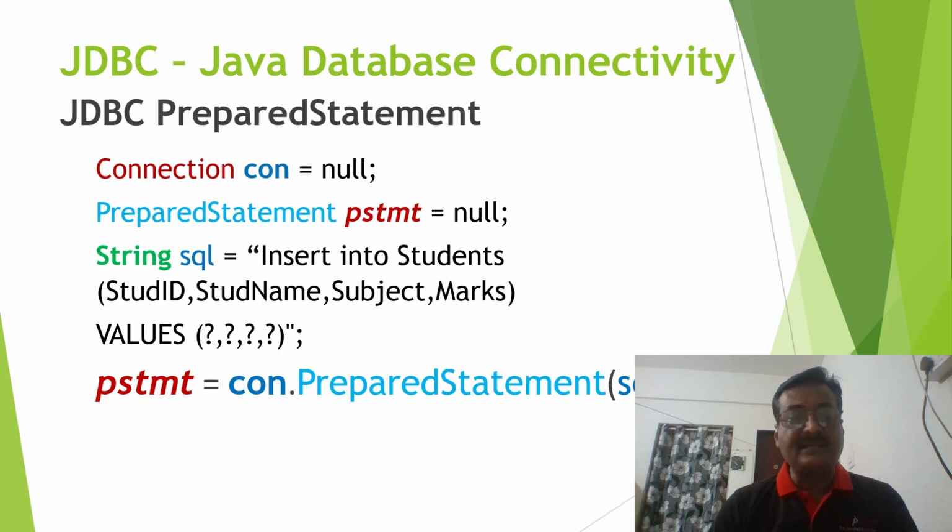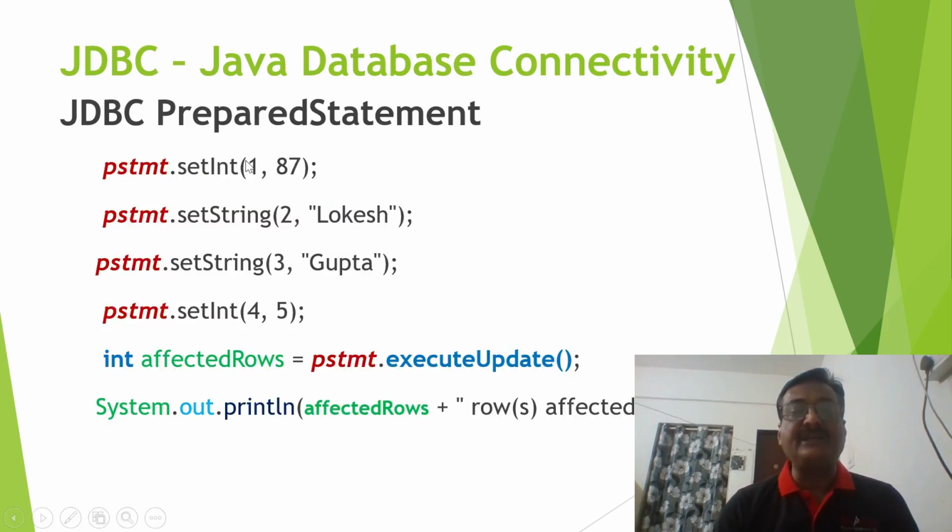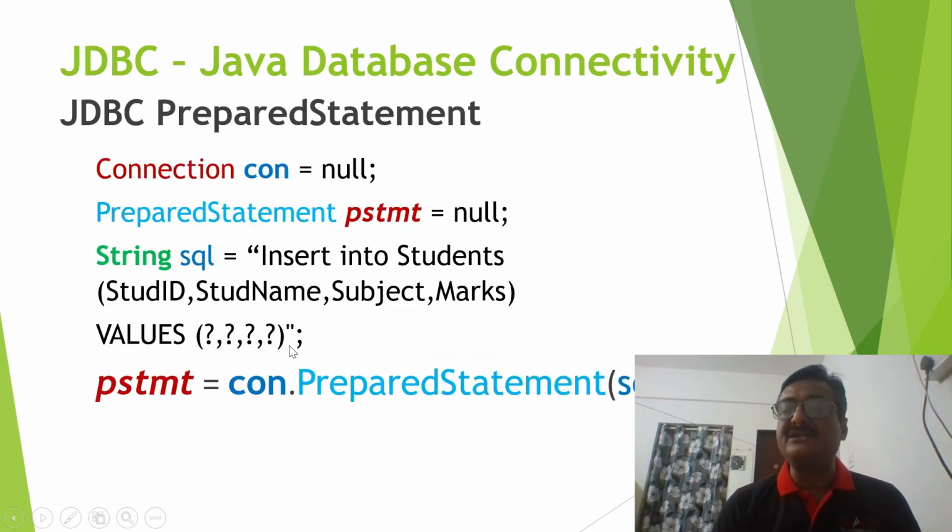There are 4 question marks in the values: 1 refers to the first question mark, 2 to the second, 3 to the third, and 4 to the fourth. And the values 87, Lokesh, Gupta, and 5 replace the question marks at their respective positions.